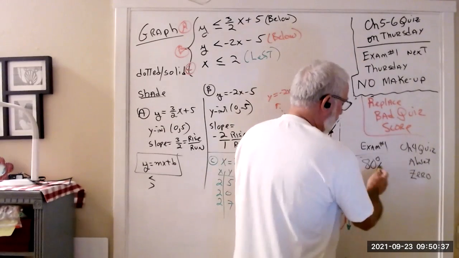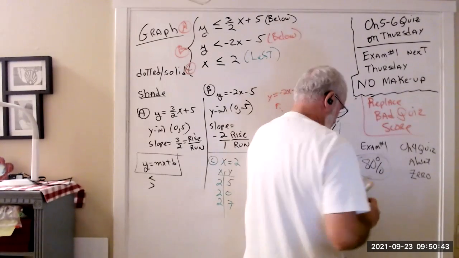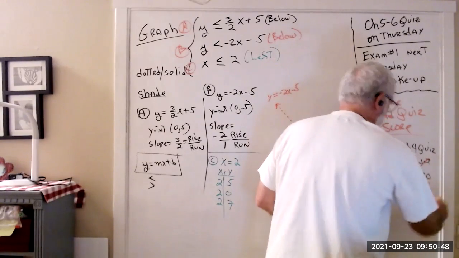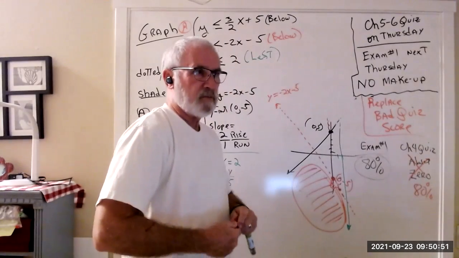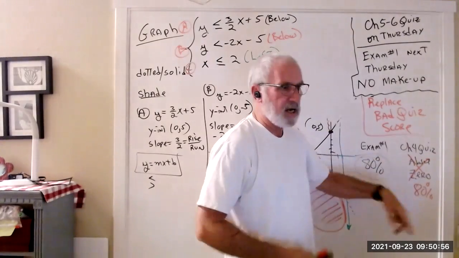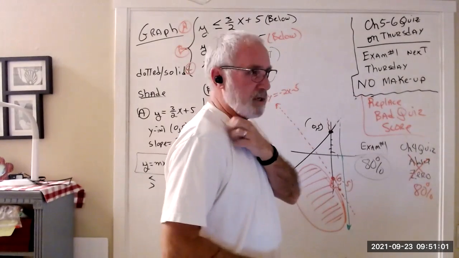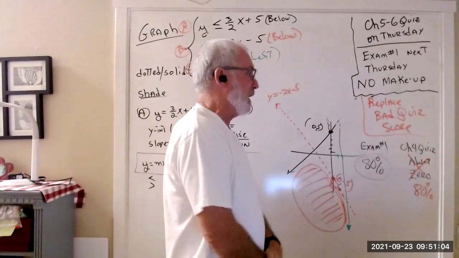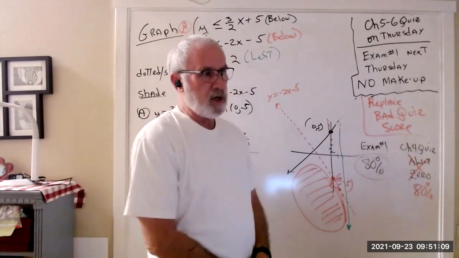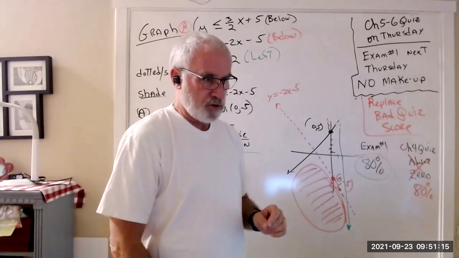But because of the rule that I had in my syllabus, I'm going to take this 80% and put it over here and give you 80% on that quiz. So your grade on that quiz jumped from a 0 to an 80%. I don't know how many points the chapter 4 quiz actually was, but you're going to get 80% of that total. I will spend my weekend looking for the score change that helps you the most.